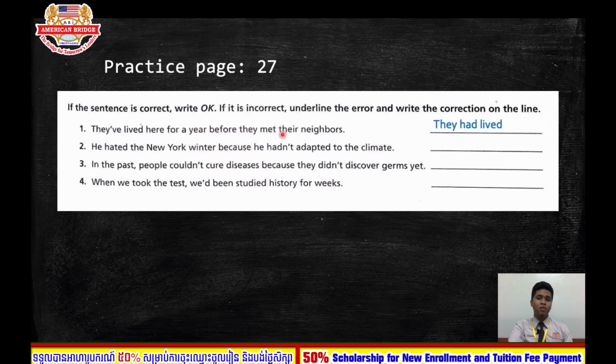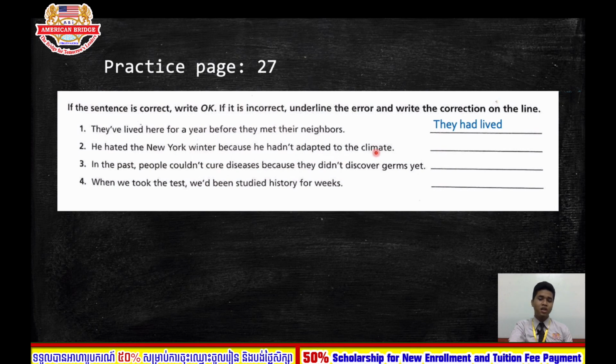So the problem is that they had lived here for a year, which is the past action, and it happened before the other past action. This one you need to use past perfect simple. Number two, he hated the New York winter because he hadn't adapted to the climate.